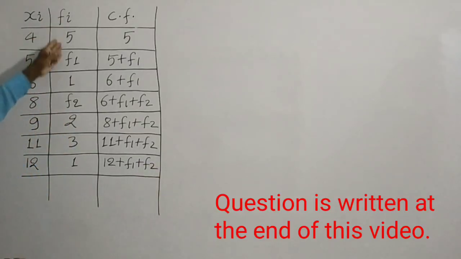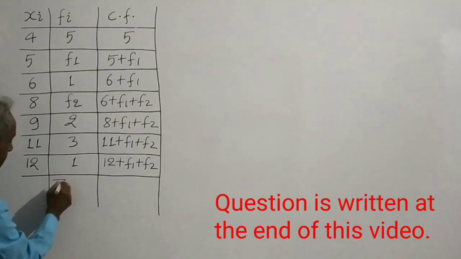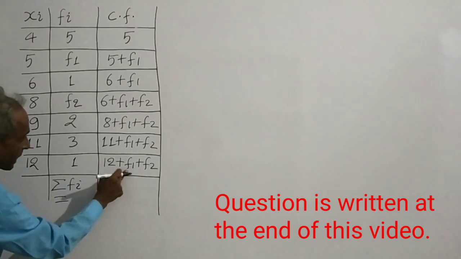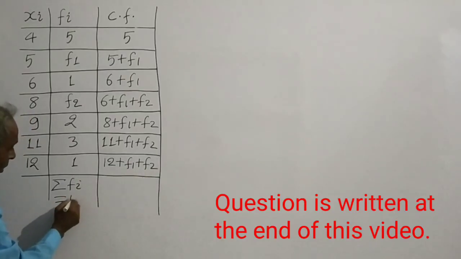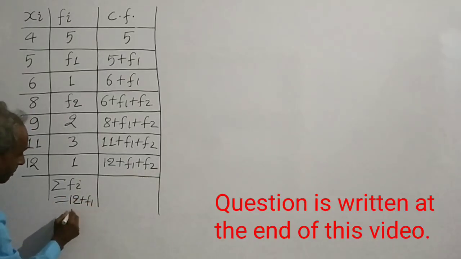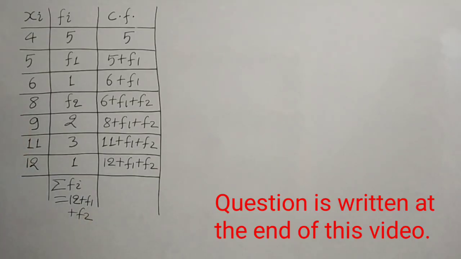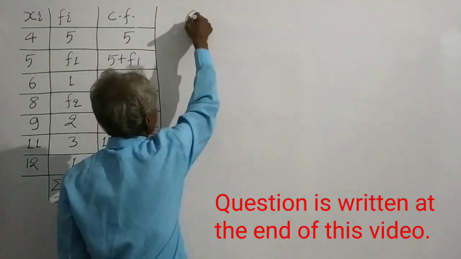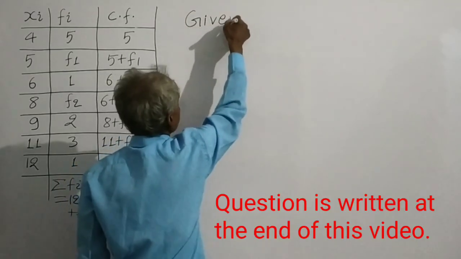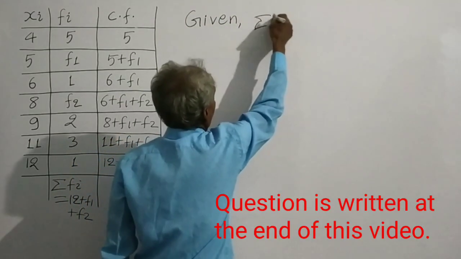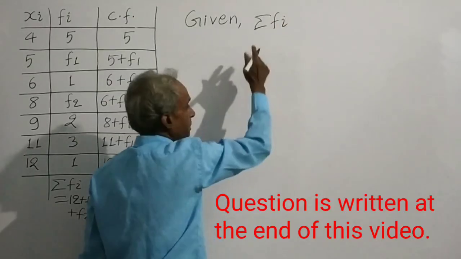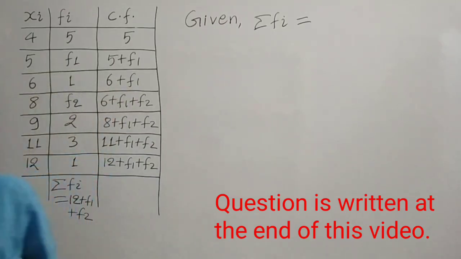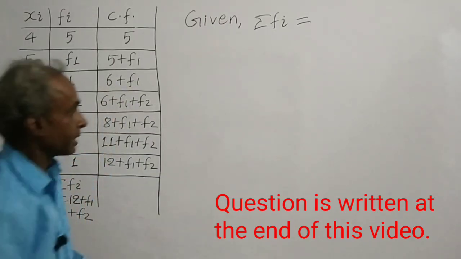That means the sum of all the frequencies, sigma Fi, is equal to 12 plus F1 plus F2. But in this question it is given that the sum of all the frequencies, sigma Fi, is equal to 19.